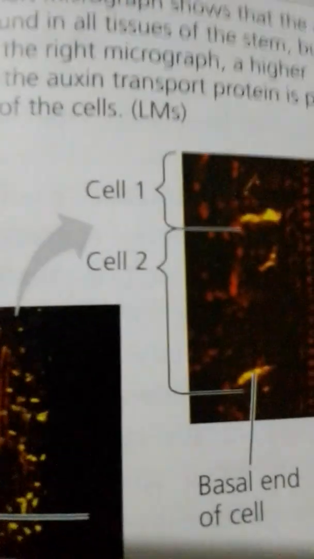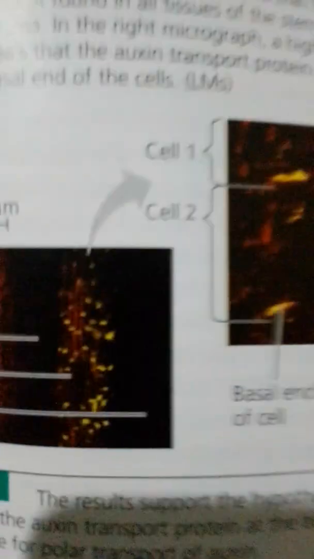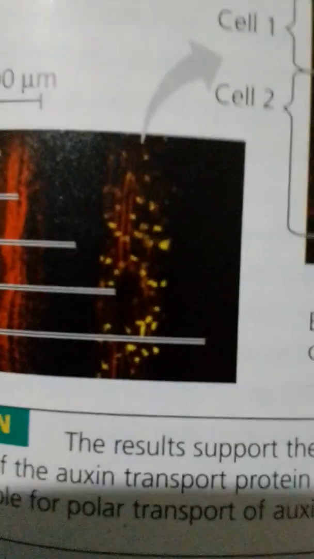The left micrograph shows that the auxin transport protein is not found in all tissues of the stem, but only in the xylem parenchyma. In the right micrograph, a higher magnification reveals that the auxin transport protein is primarily localized at the basal end of the cells.